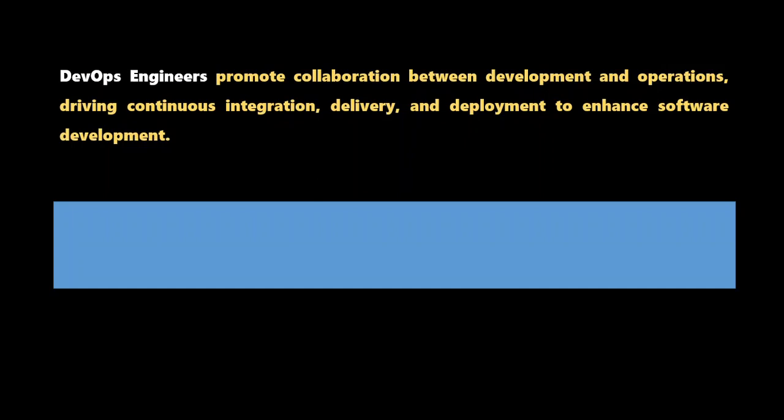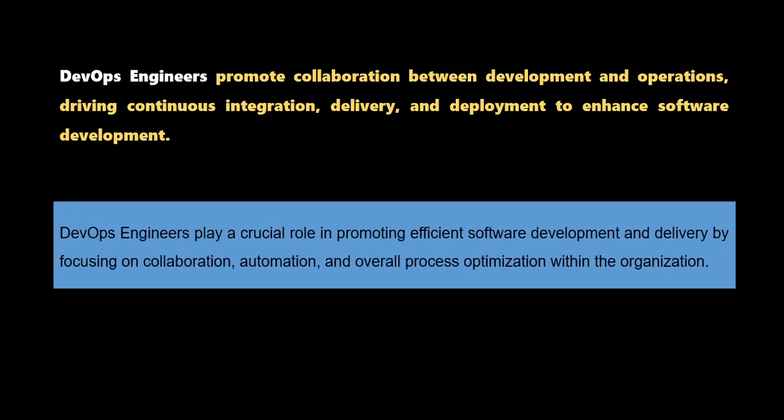DevOps engineers promote collaboration between development and operations, driving continuous integration, delivery, and deployment to enhance software development. DevOps engineers are very instrumental in promoting efficient software development and delivery by focusing on collaboration, automation, and overall process optimization within an organization.